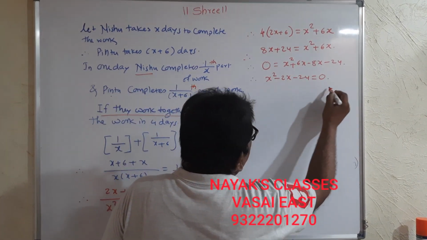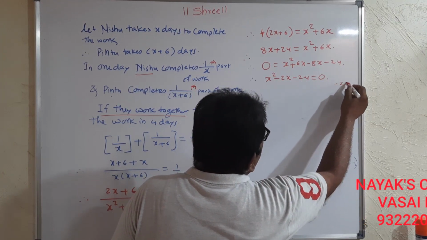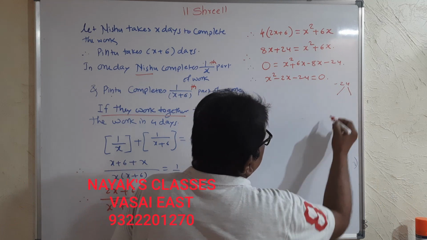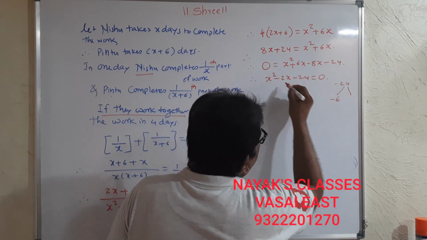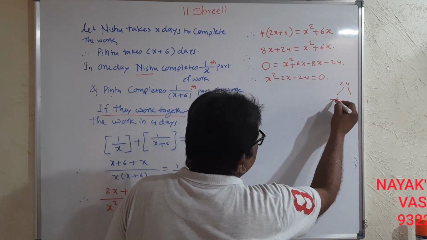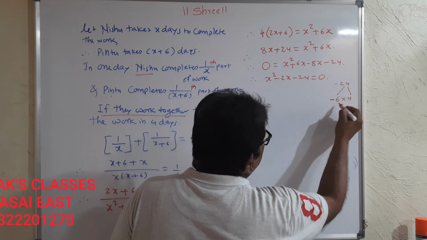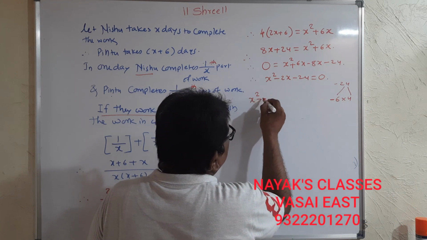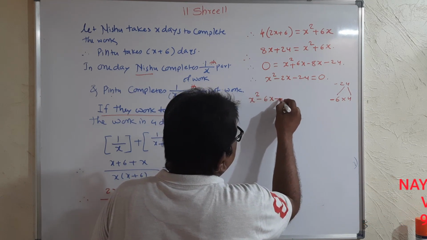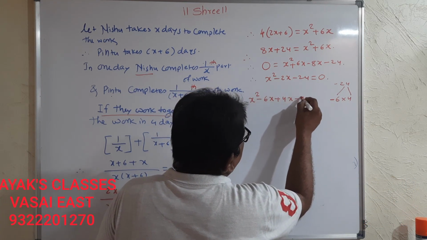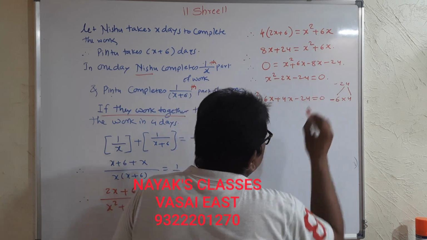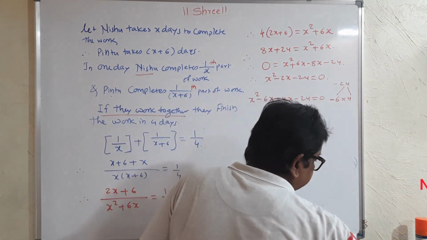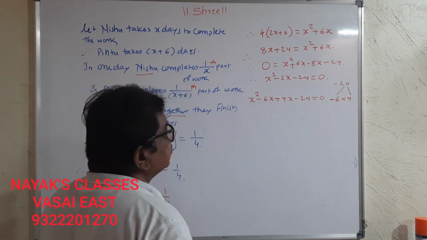Now minus 24 will get two factors. Minus 6 into 4. So using these numbers, x square minus 6x plus 4x minus 24 is equal to 0. Correct?